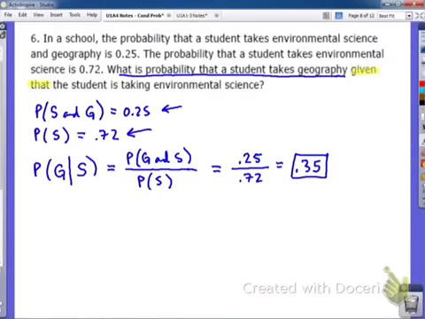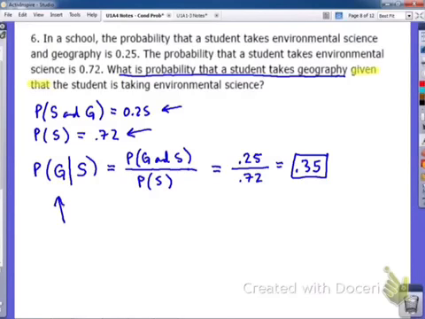Now, what this question says right here is that, let's suppose everyone in the school is removed from the gym. Everyone. And now, they allow only the people that are taking environmental science into the gym. You see what I'm saying?